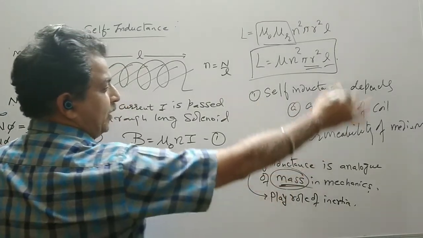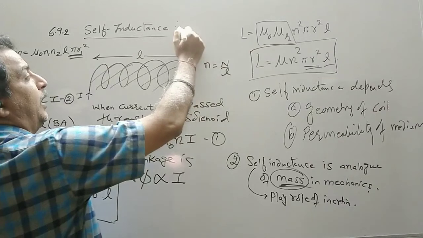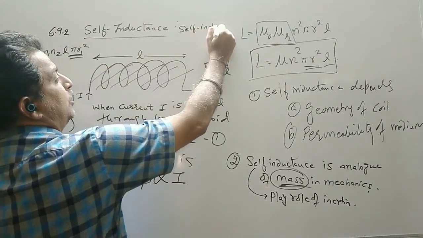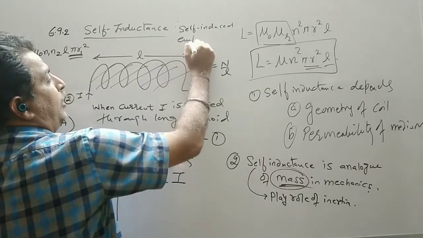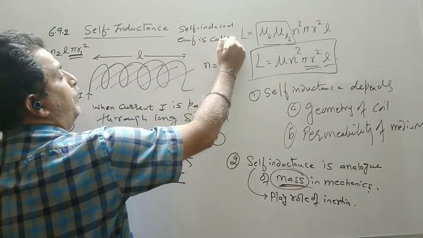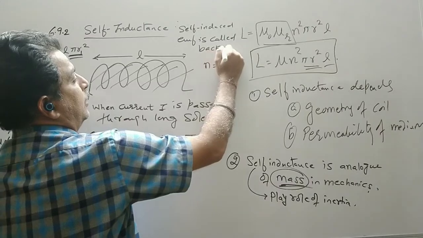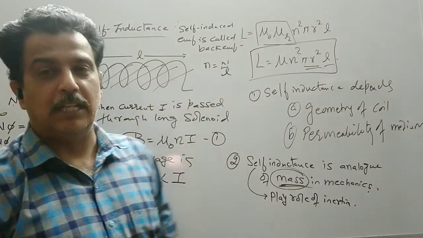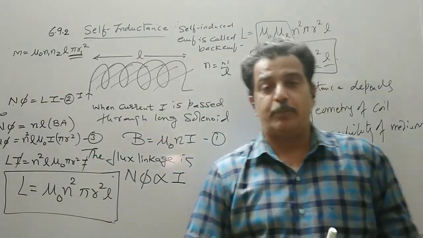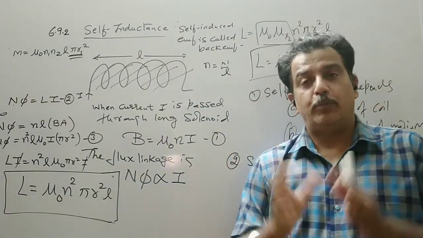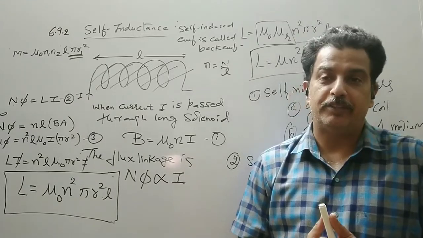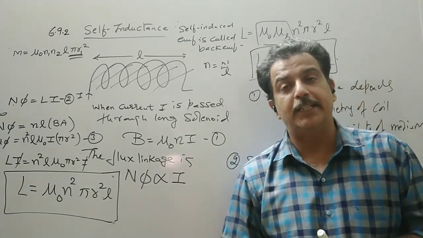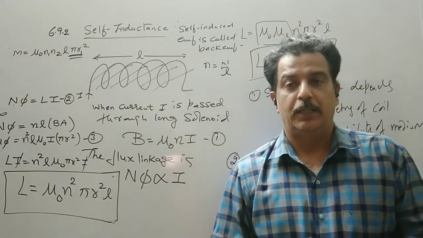It depends on geometry and the permeability of the medium. And the self-induced EMF is called back EMF. It opposes the growth and the decay of the current. So what is self-inductance? Self-inductance is a property of a coil which opposes the growth and the decay of the current.